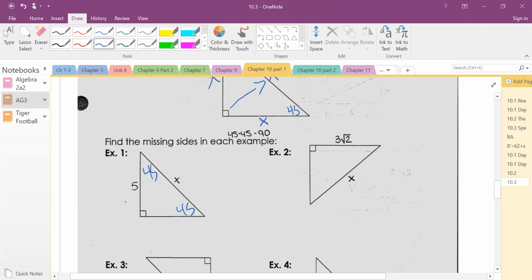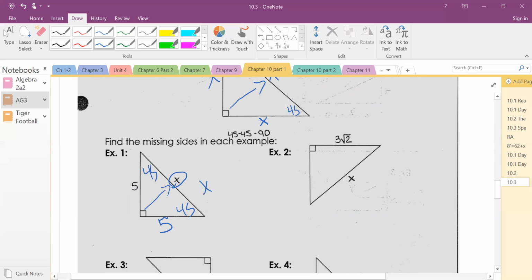It gives us 5 for one leg, and it gives us the hypotenuse being X. It wants us to solve for X. If this is 5, just for kicks, what is this going to be? 5, right? Because it's isosceles. If we know X is the hypotenuse, how do we know it's the hypotenuse? It's across from the right angle. It is √2 times one of the legs.